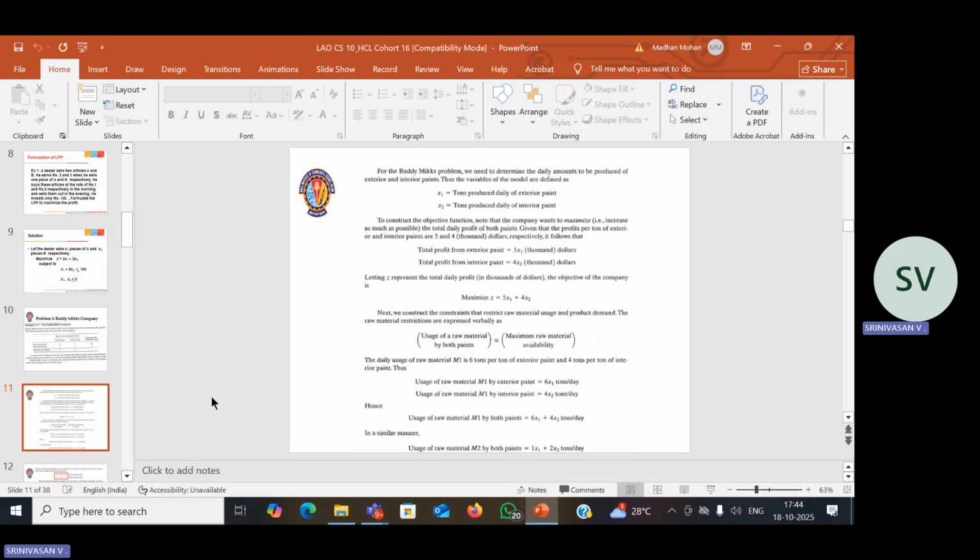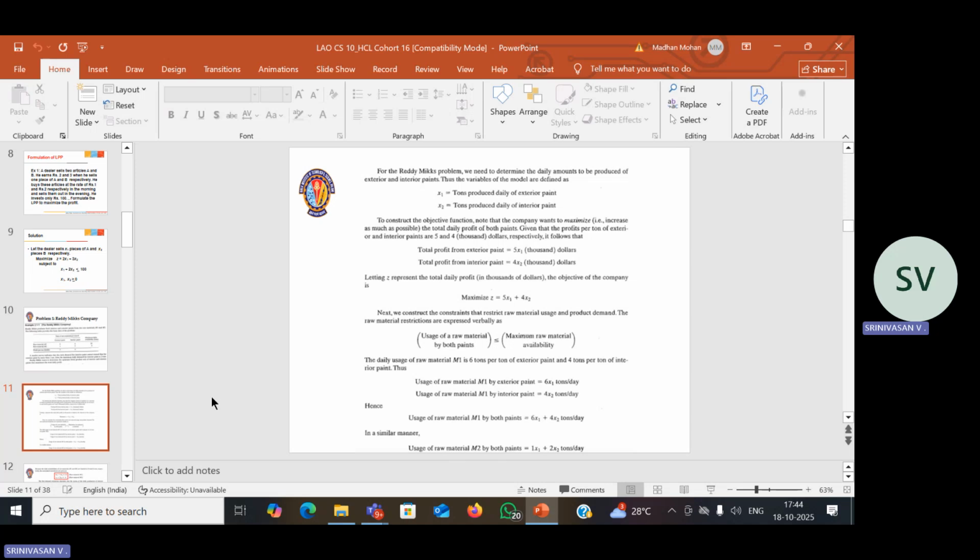The raw material restrictions are expressed verbally as: usage of a raw material by both paints is less than or equal to maximum raw material availability, isn't it?